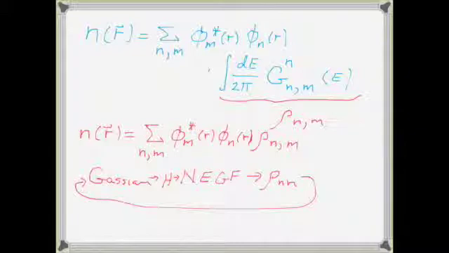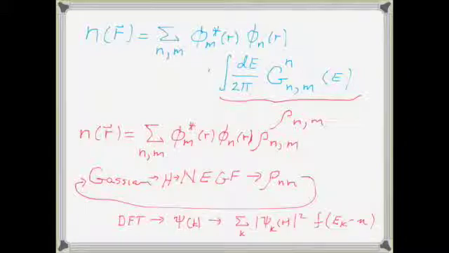So normally the way these codes work is you have your DFT, and all it does is calculate all the eigenfunctions of the Hamiltonian. And then it goes ahead and does an equilibrium calculation of the charge.